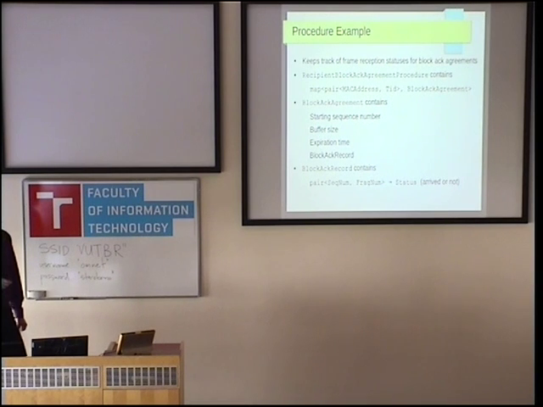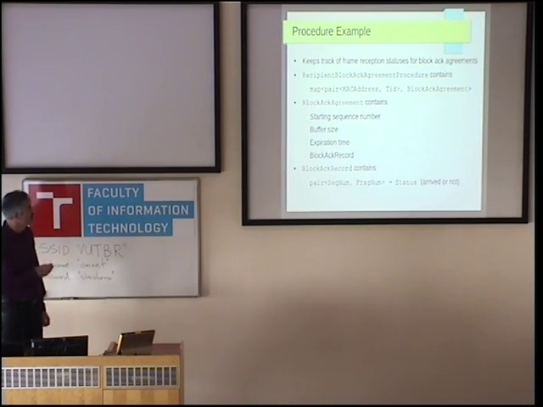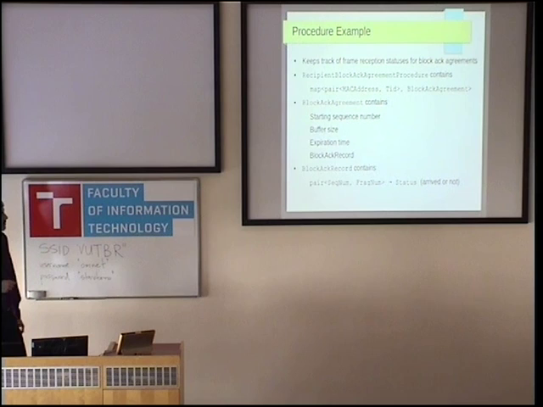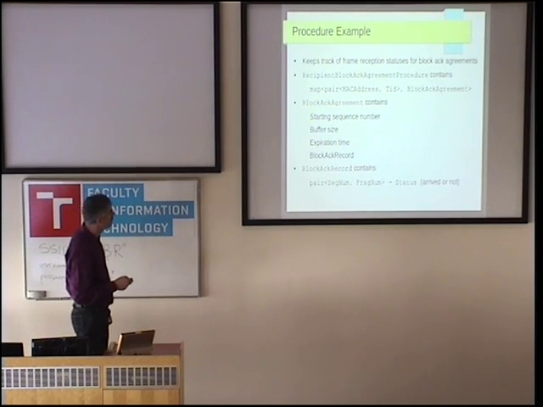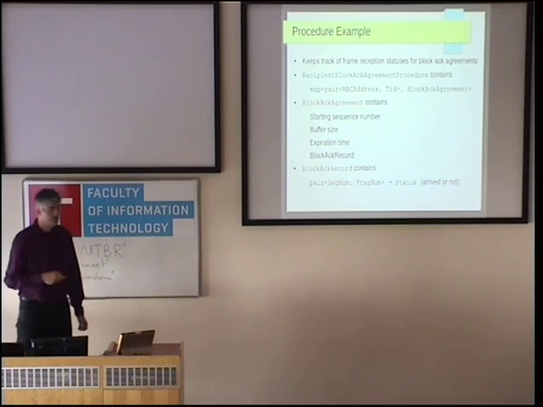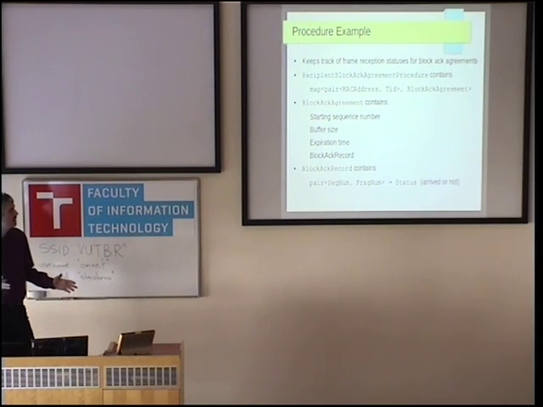And this procedure keeps track of the reception statuses for all the fragments within the window corresponding to the block agreement, because a block agreement is initiated between two stations for reducing the number of ACKs.